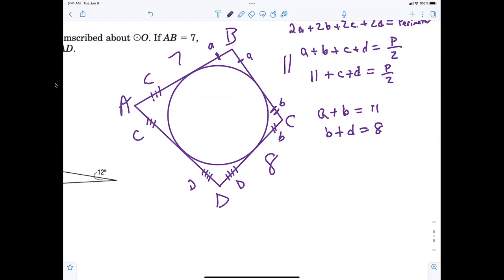I don't know if that's going to help me. 13 plus C is equal to half the perimeter. Does anybody agree with that? Oh, no, because it's half of C plus D. So we don't know what D is either.